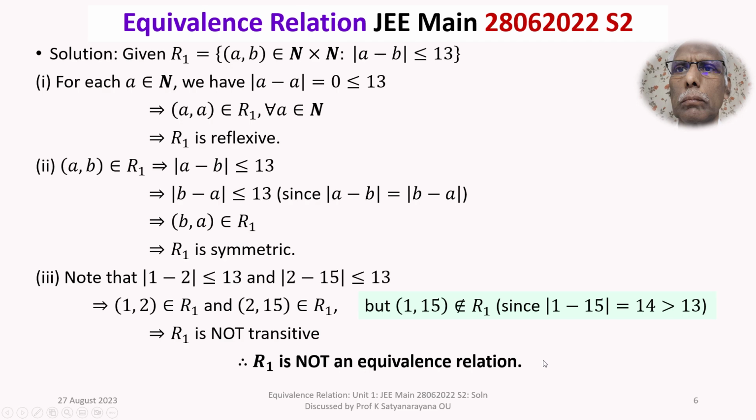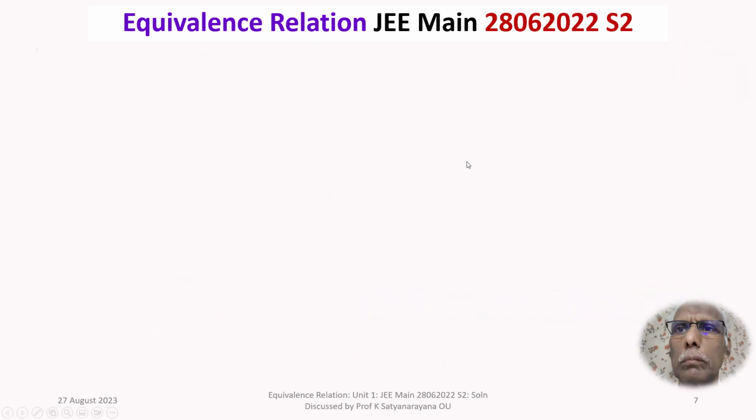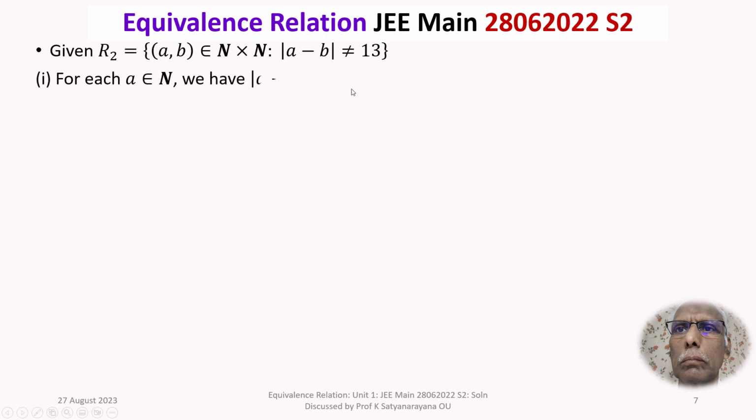Let's go for the discussion of the relation R2 in the next slide. We have R2 is the set of all those ordered pairs (a, b) belonging to N cross N such that mod of a minus b is not equal to 13. First, we go for reflexivity. For each a belonging to N, mod of a minus a is 0, which is not equal to 13.